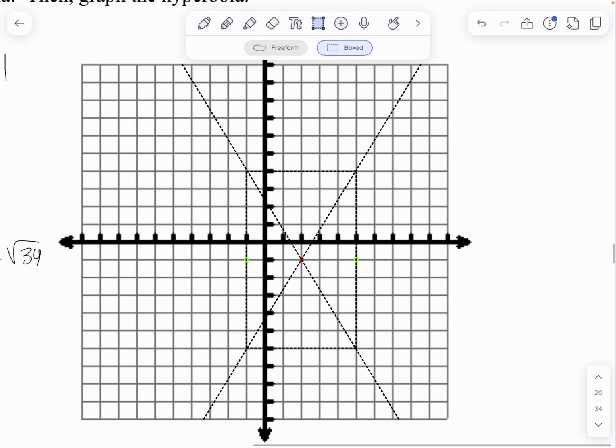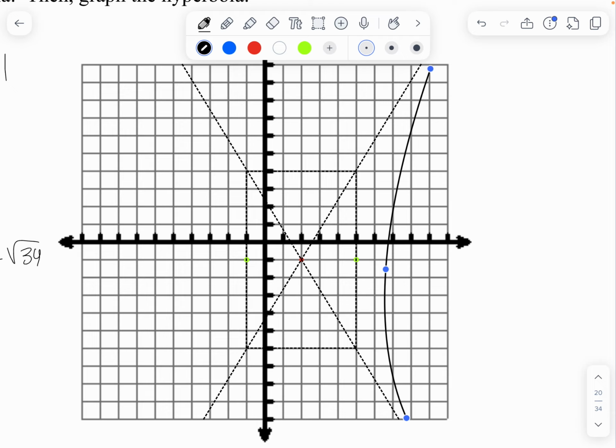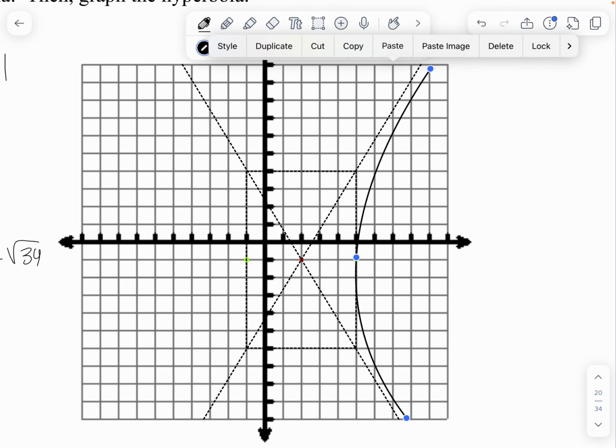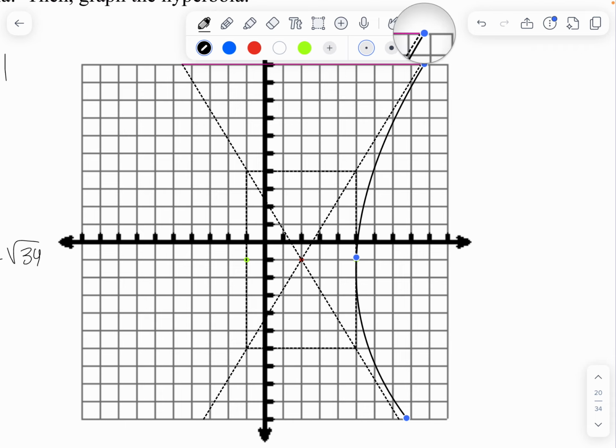Okay. So I've never actually drawn a hyperbola before. So this might work.